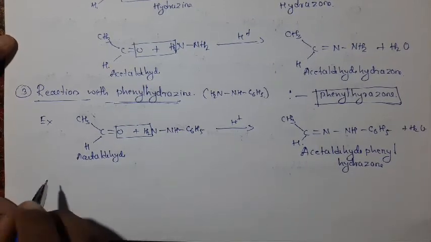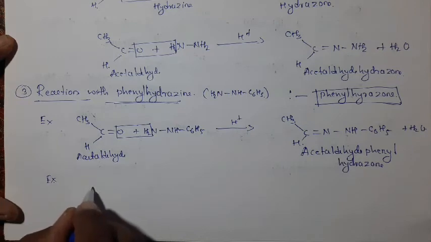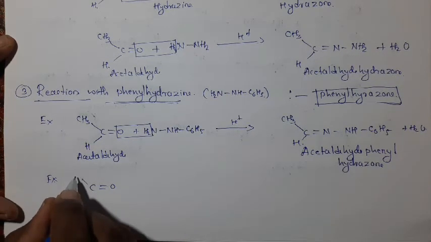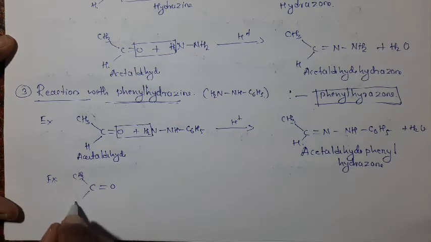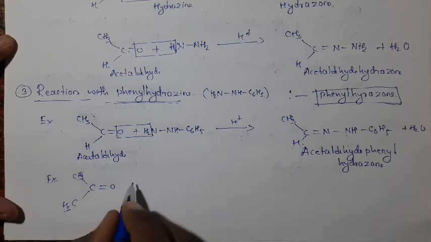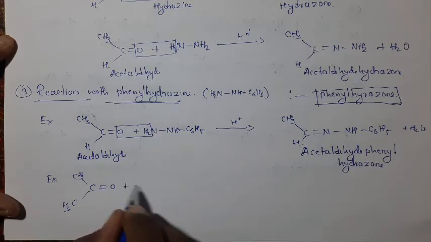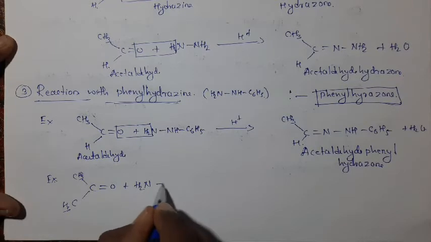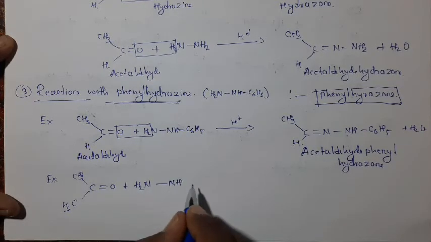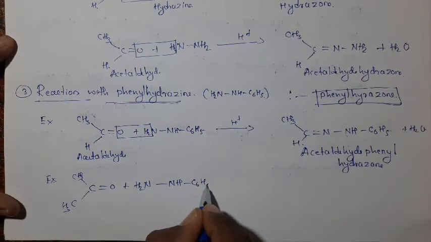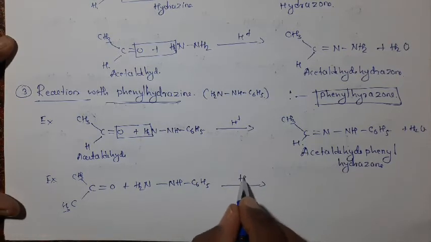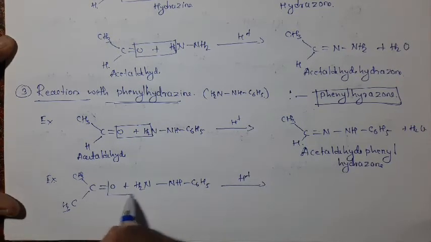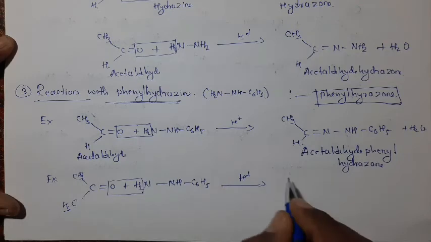Next example, if you take a ketone like acetone, CH3 C double bond O CH3, and react it with phenylhydrazine, NH2 NH C6H5, in the presence of weak acid, a water molecule is eliminated.